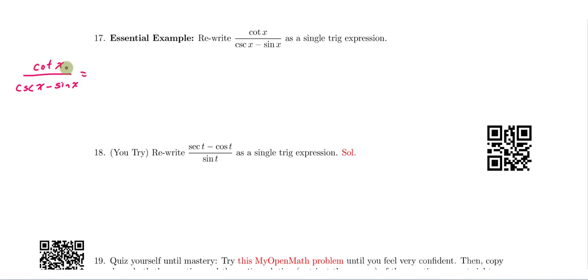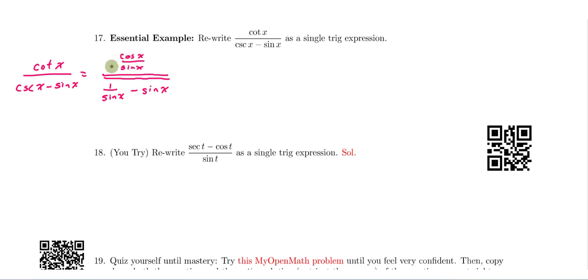By my quotient identity, I can rewrite this cotangent of x as the cosine of x over the sine of x, all divided by, now because I'm making this a complex fraction, I make this bar thicker and wider, easier to see, and then this would be 1 over the sine of x minus the sine of x.